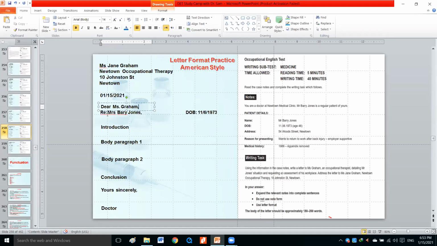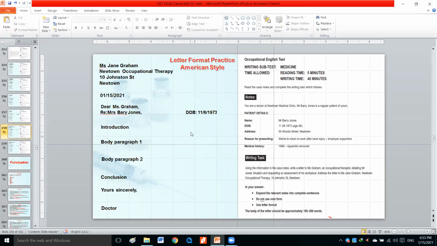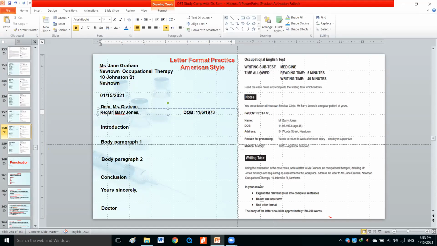Regarding Mrs. Barry Jones. There is a mistake in the name of the patient. First, we have to write Mr. Yes, Mr., not Mrs. And actually, before that, you have to leave one space just after this colon.